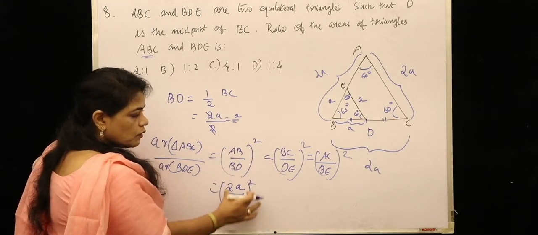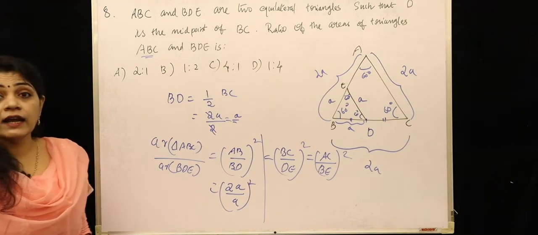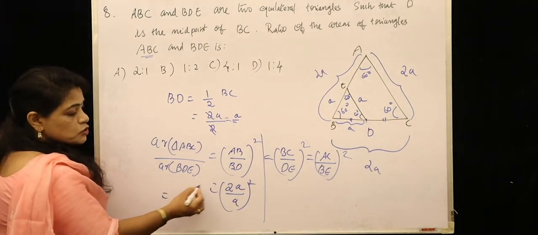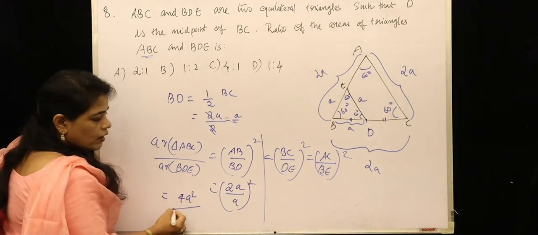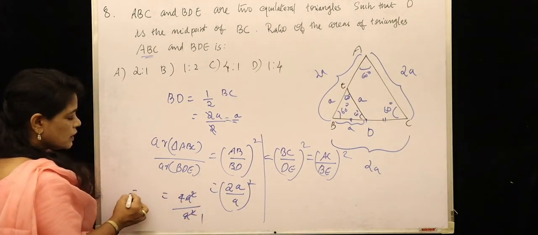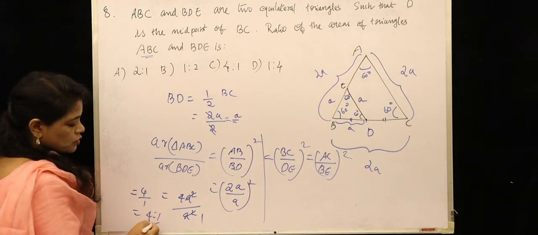We have taken only these two sides. So 2A divided by A whole square. What is 2A whole square? 4A square divided by A square. So A square one time. So in terms of ratio, it is 4:1.